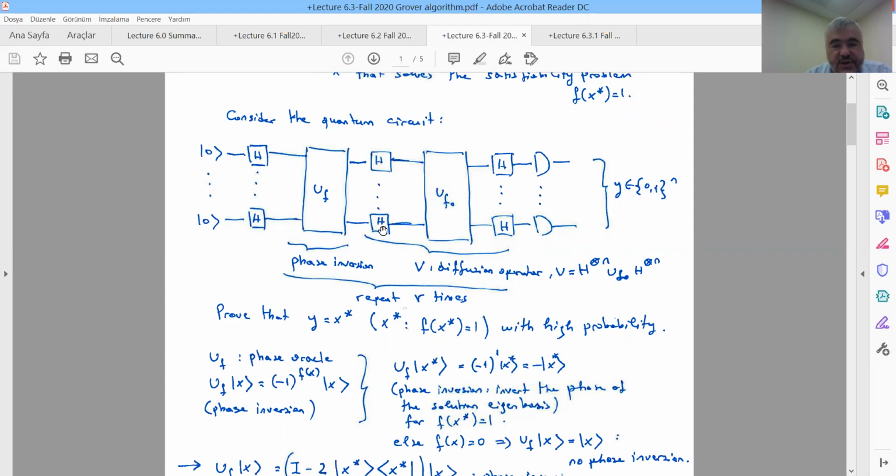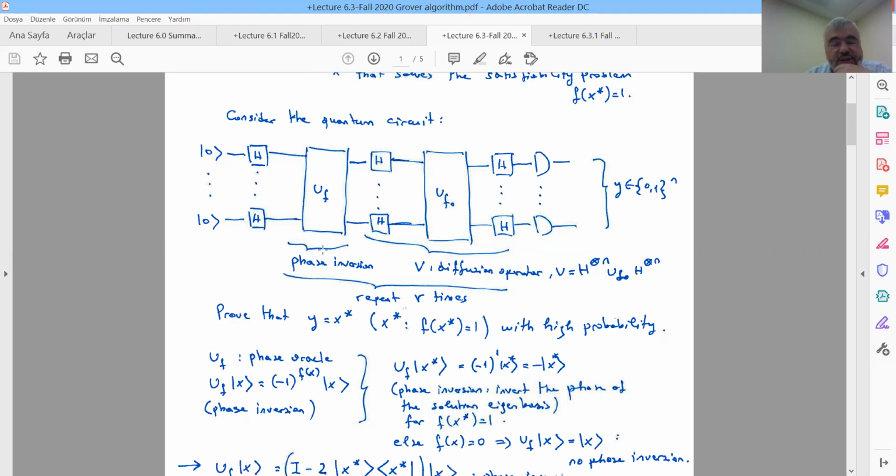H tensor n, U sub f0, H tensor n, this is called the diffusion operator. We denote the diffusion operator by V, and V equals H tensor n, U sub f0, H tensor n. This part is phase inversion, and this part is inversion around the mean. So these are the two unitary operations we derived.